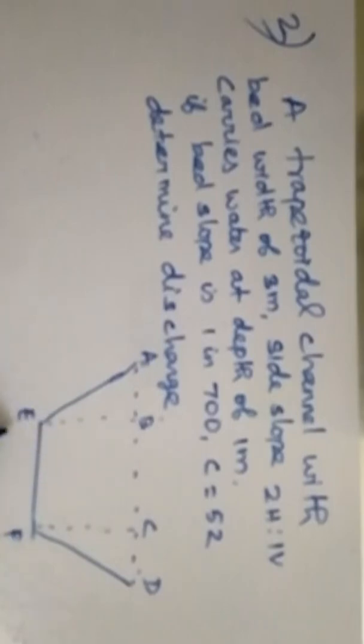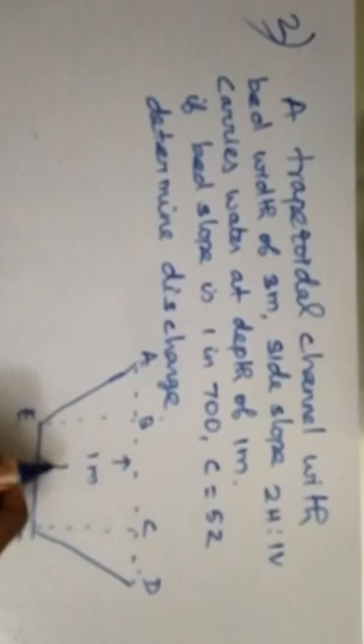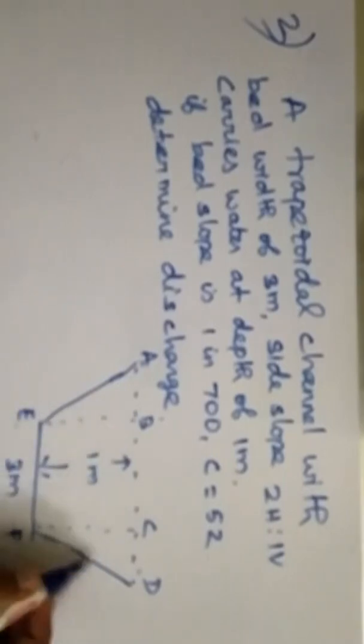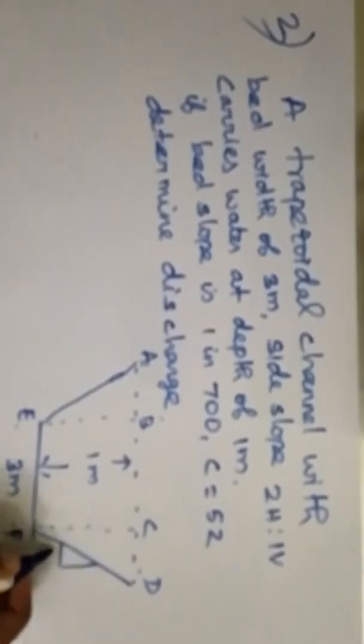Here they are given bed width. This is bed width, this is top width. AD is top width, but here bed width is 3 meter and depth is 1 meter. And they gave the side slope, which is 2 horizontal, 1 vertical.